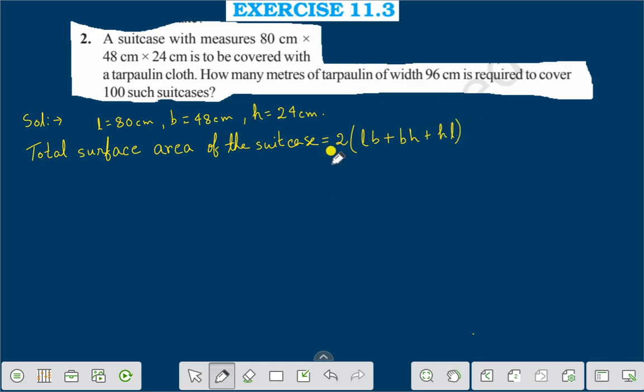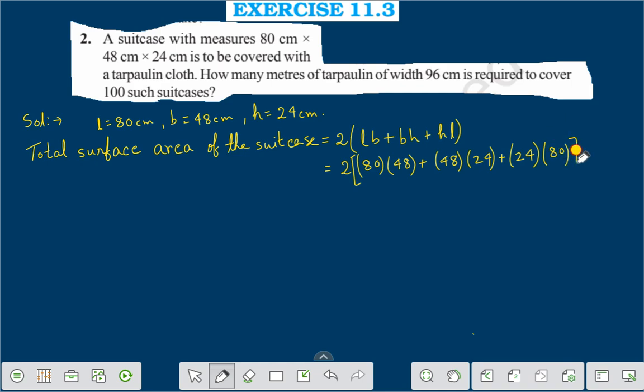Therefore we are getting 2 into (80 into 48 plus 48 into 24 plus 24 into 80), where length is 80, breadth is 48, and height is 24.